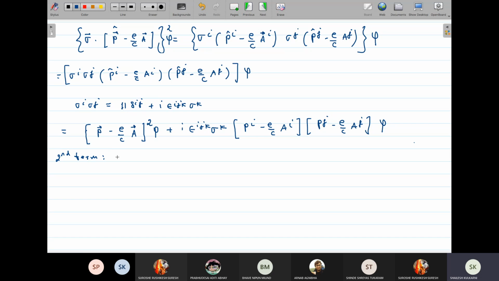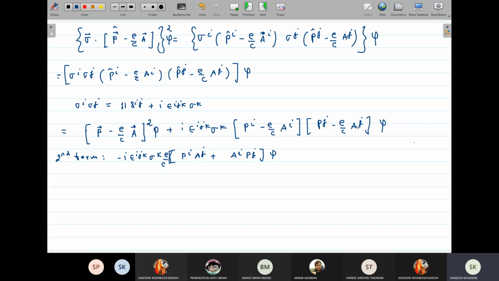So what remains is i times epsilon_ijk sigma_k, then minus e by c, (p_i A_j plus A_i p_j), acting on phi.